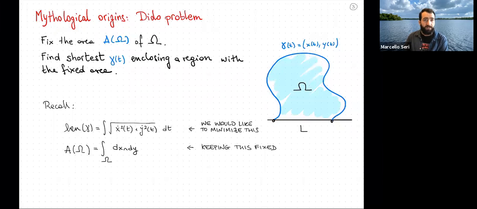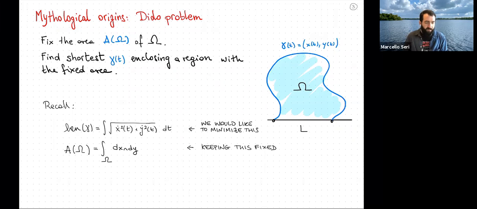And let's try to see how we compute the length of a curve and how we compute the area of some Euclidean piece of land. So this should be familiar for everybody. I try to keep it as simple as possible.